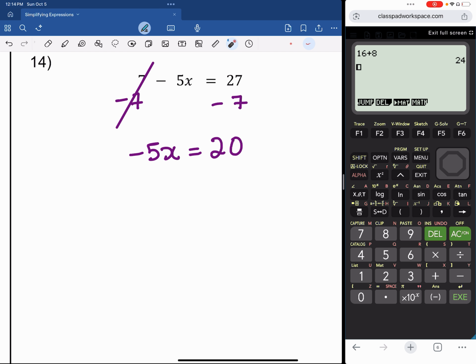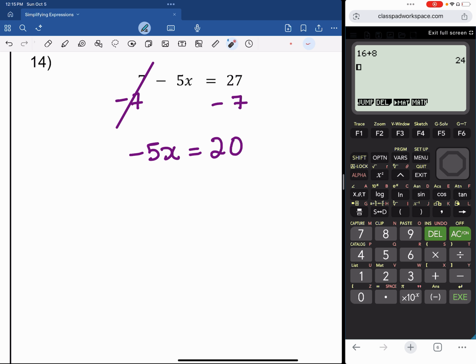Notice that I rewrote negative 5x in the second line because in my original equation, I have a negative 5x. Remember, when we move terms around, we move it with the sign that's in front of the term. My last step here would be to divide both sides by negative 5 to get x completely by itself.